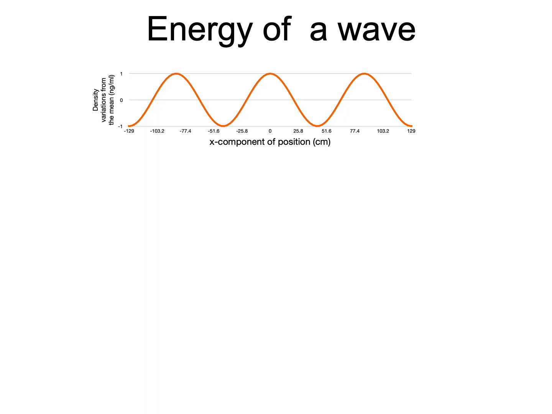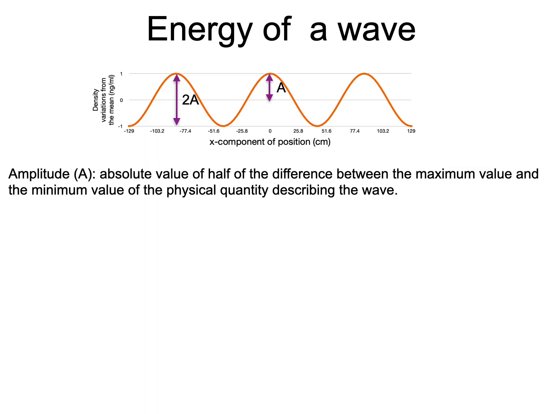The wave was traveling from left to right. Nothing was said about the role of the amplitude, which was defined as half the difference between the maximum value and the minimum value of the physical quantity describing the wave.